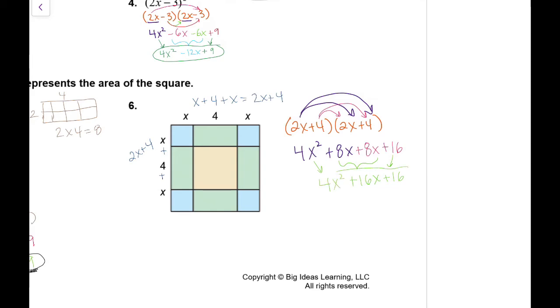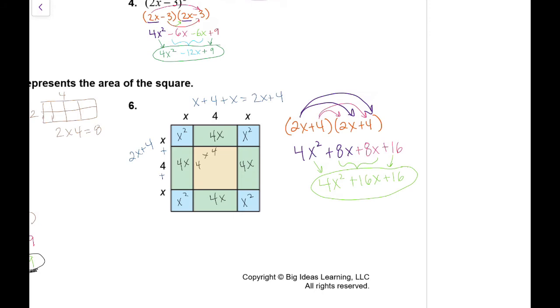Now let's look at the area model and see how this compares to our answer. If I take all of the blue squares, we have x by x on the top and x on the side. This gives me x squared. If I add all of those together, I get 4x squared. All the green are 4 times x. I have 4 of those, and that gives me 16x.